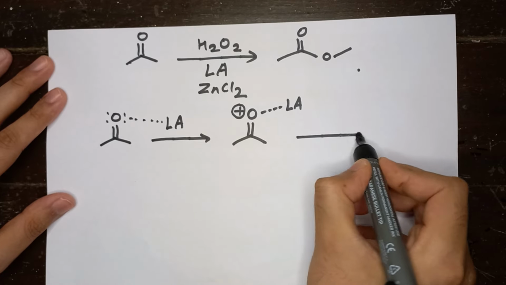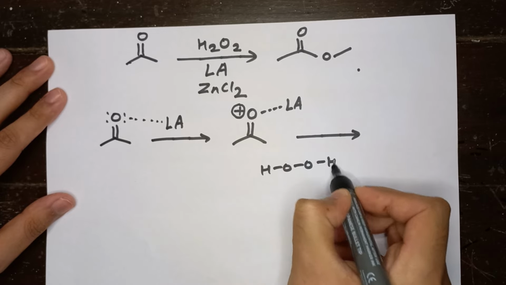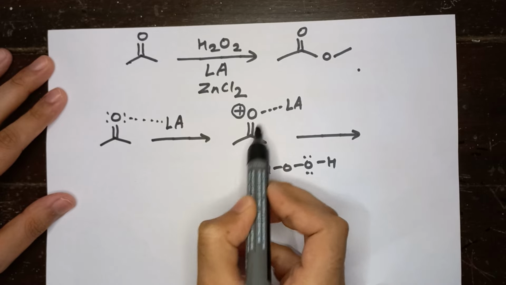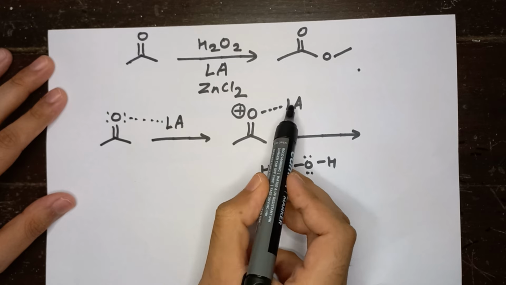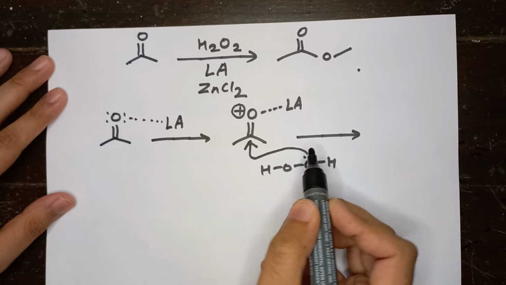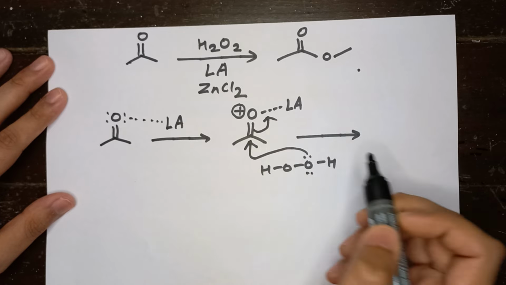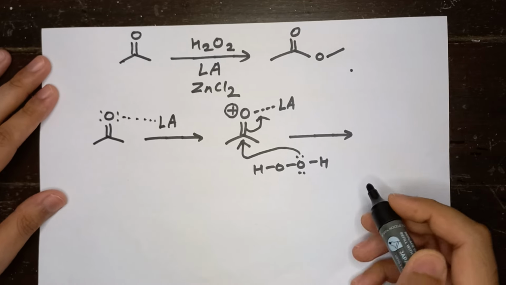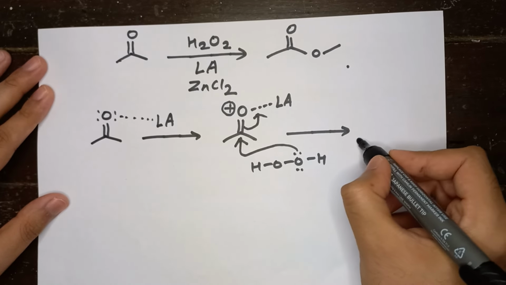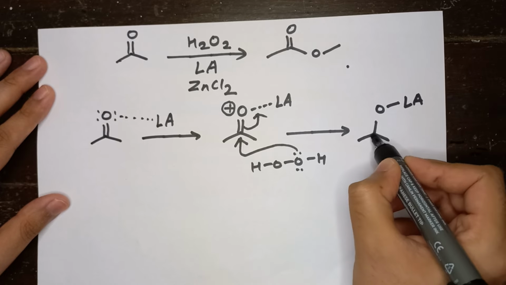Now we have H2O2. So this oxygen, now this carbon is a little more activated because of Lewis acid. So this oxygen with its lone pair will attack at this carbonyl system, and this bond will be donated to Lewis acid. So this will give me.